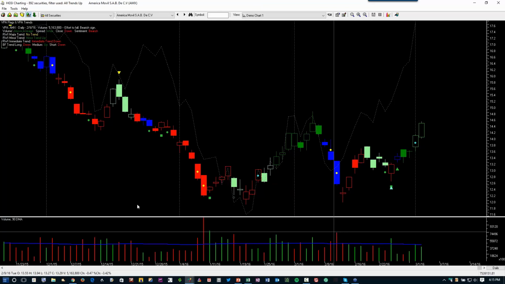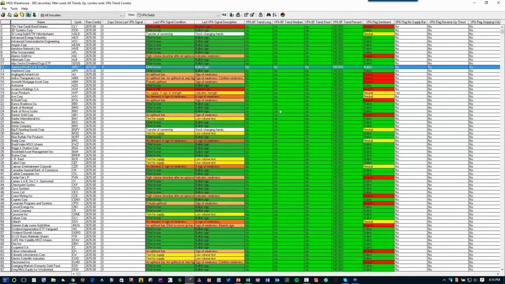So on this demo chart, notice that I put volume and the 90-day moving average, and this blue line on this chart represents the 90-day moving average. So to get valid signals, if you get into stocks that have very, very poor volume, the VPA signals are much less reliable. So that's why I decided to put that in the filter.